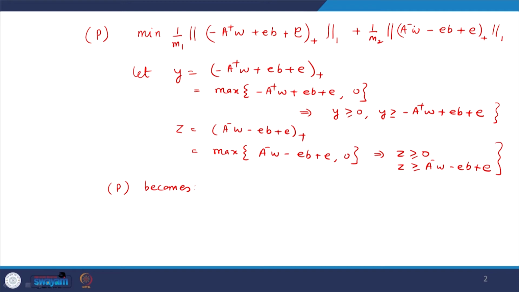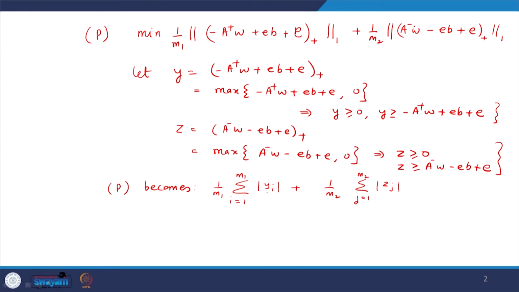By the L1 norm, this is nothing but the sum over i from 1 to m1 of mod of y_i times 1 by m1, plus 1 by m2 times the summation over j from 1 to m2 of mod of z_j, subject to these 4 conditions.